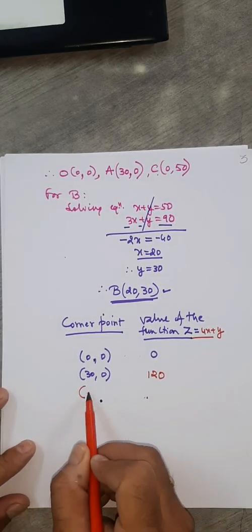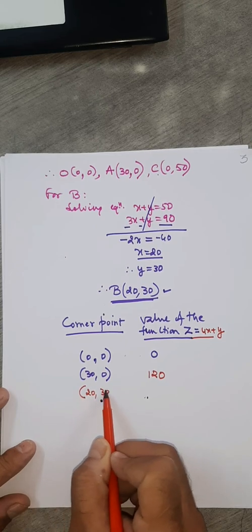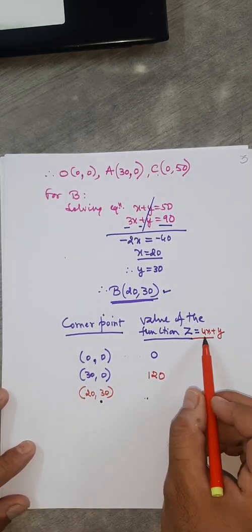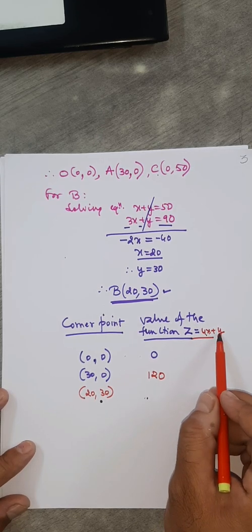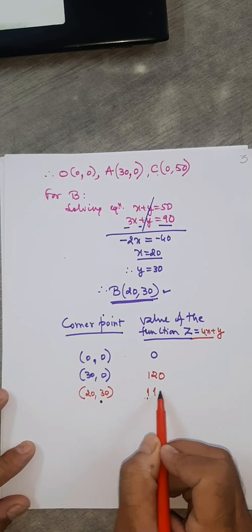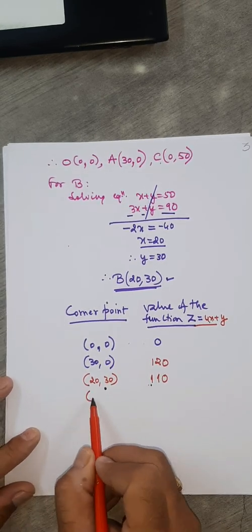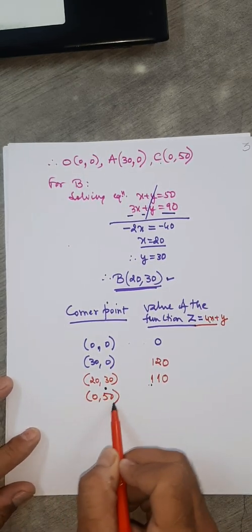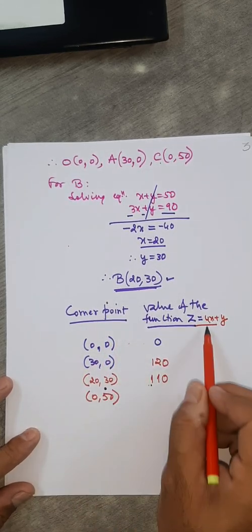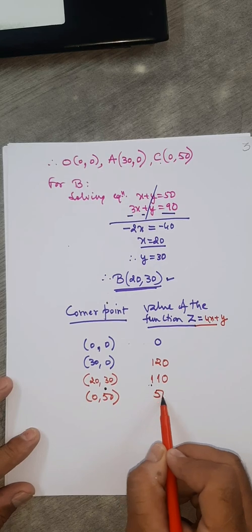The next point is 20, 30. So x is 20, y is 30. This is 80 plus 30, so 110. The next point is 0, 50. These are corner points, remember. If I put this in, you will get just 50.